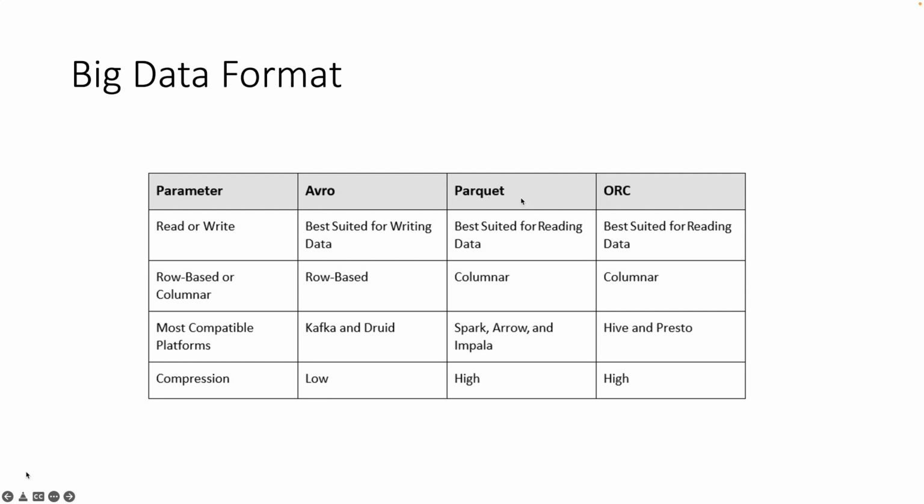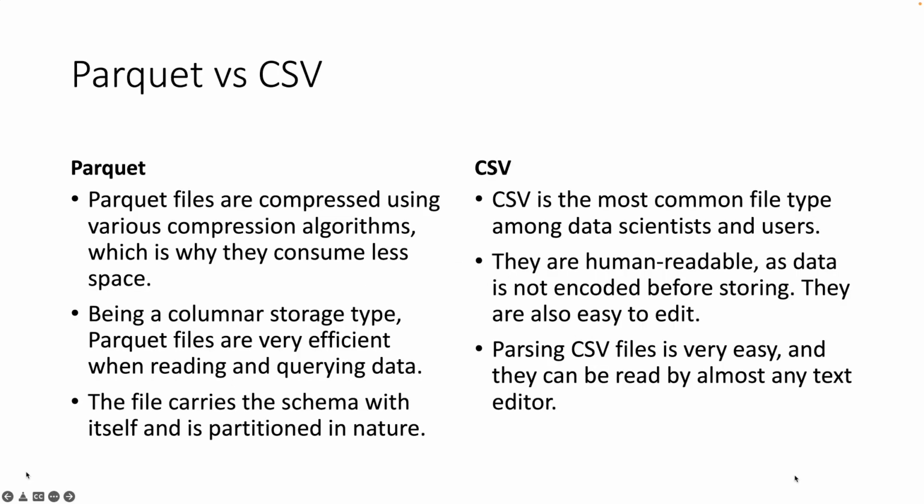One advantage of Parquet is that it is easier to use with Spark, Arrow, and Impala. Impala is an implementation of Hive on Cloudera cloud computing services. Parquet files are compressed, which is why they consume less space, making it faster for Spark to load them from the storage into memory.